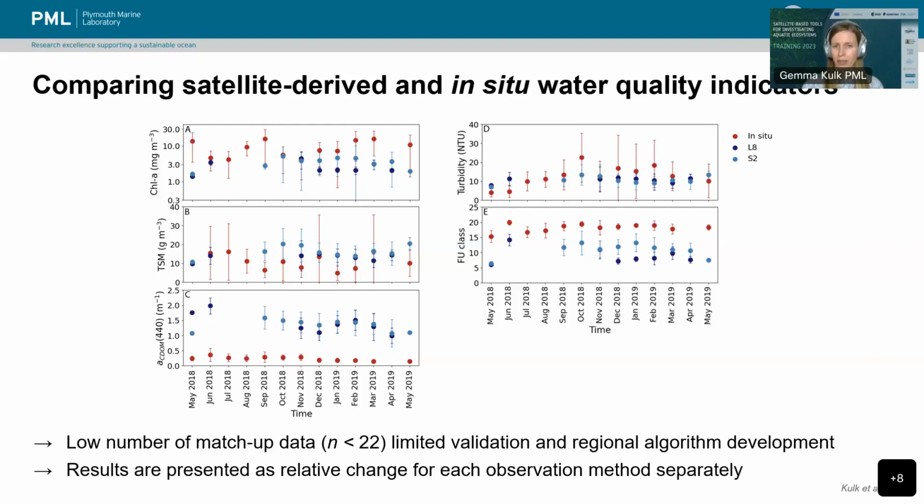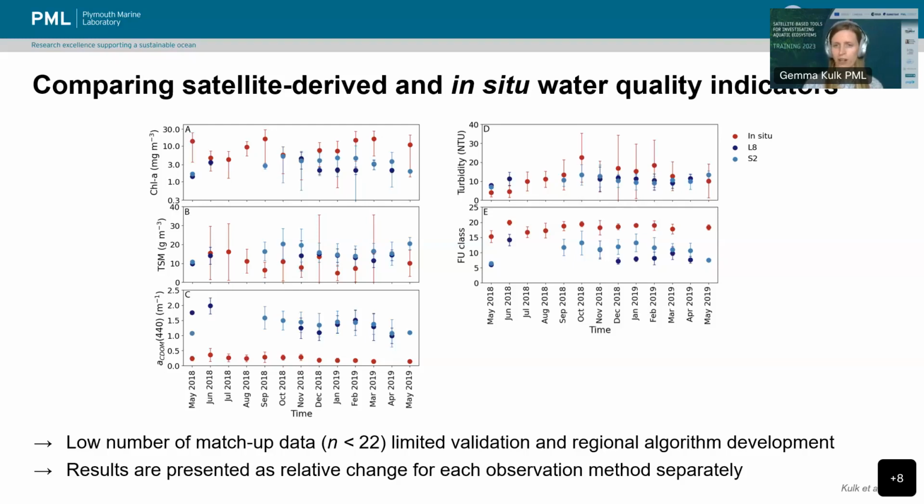But we did compare the monthly mean values of the satellite-derived and in situ water quality indicators, of which the results are shown here. Overall, the seasonality in the water quality indicators looks similar between the different data sources, but we also see some differences.